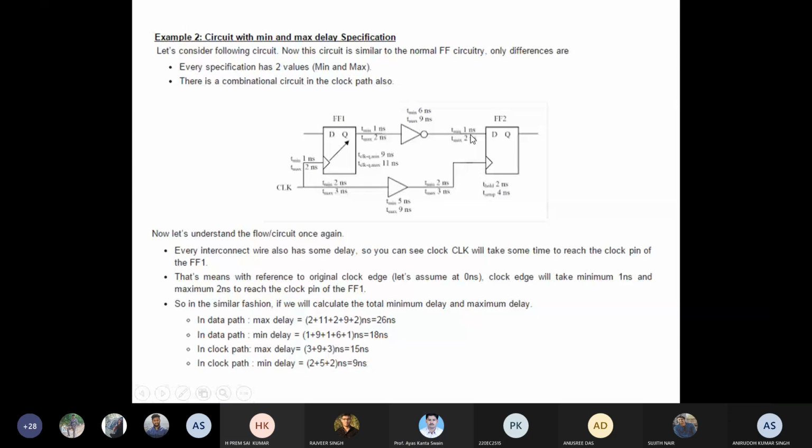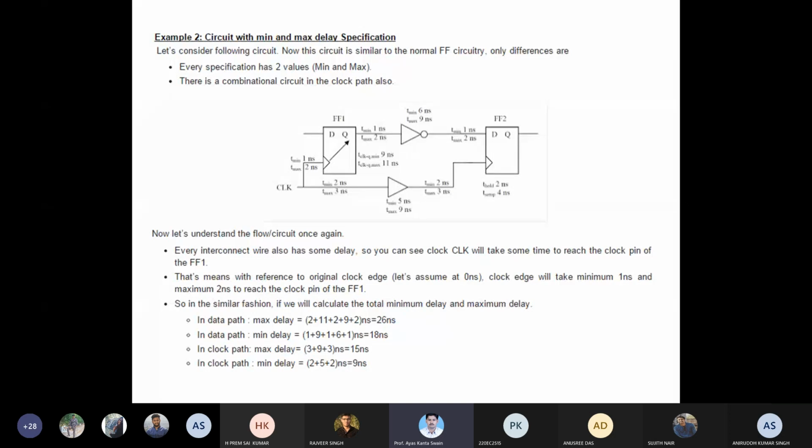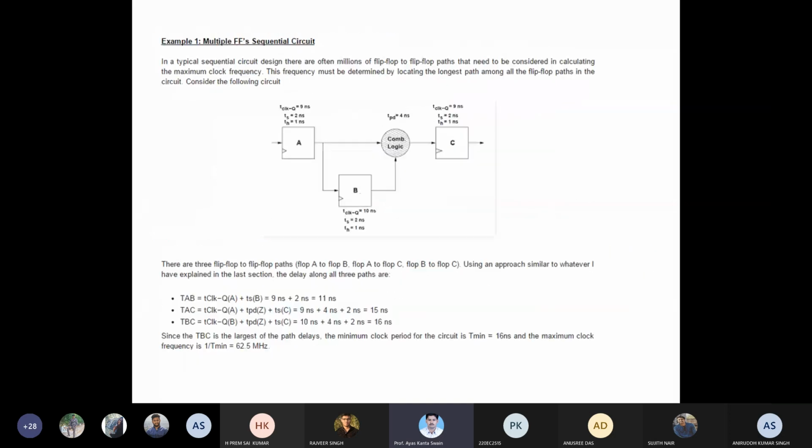Sir, in maximum delay, why is setup time not considered for the second flip-flop? Okay, he has not considered setup time here. Let me see. Just try to see what you are calculating here when setup time is considered.